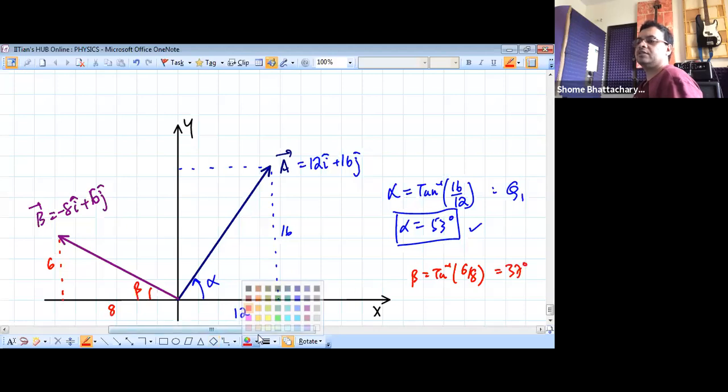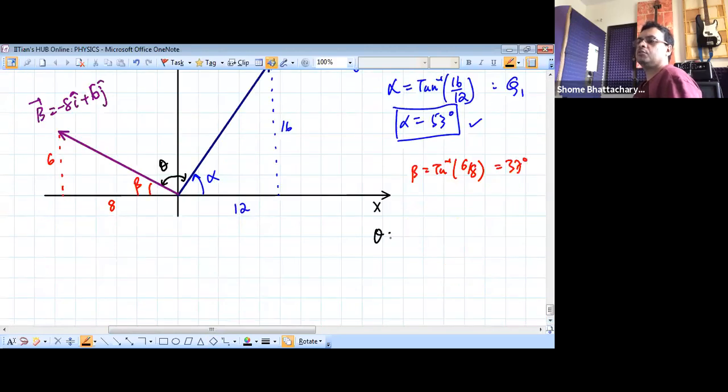So now we have to find this angle between the two of them. This is the angle we are looking to find. So that theta would be just 180 degrees minus alpha plus beta. And that would come out to be 90 degrees. So that is correct. Theta equal to 90 degrees is correct.